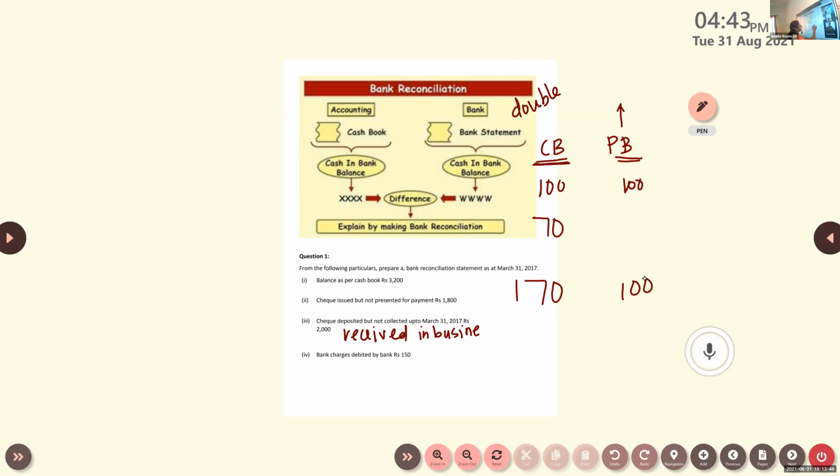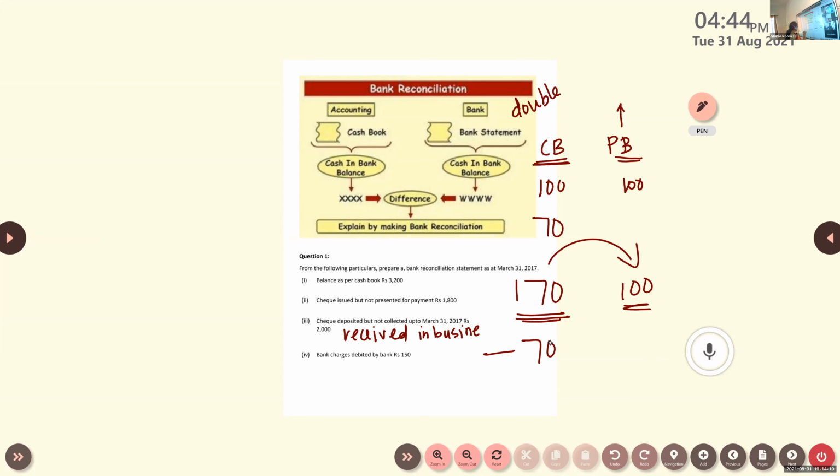Now, to bring it to the passbook balance, we have to make this 170 the same as 100. What to do? We have to deduct this 70. Then only will we reach the passbook balance. Correct?